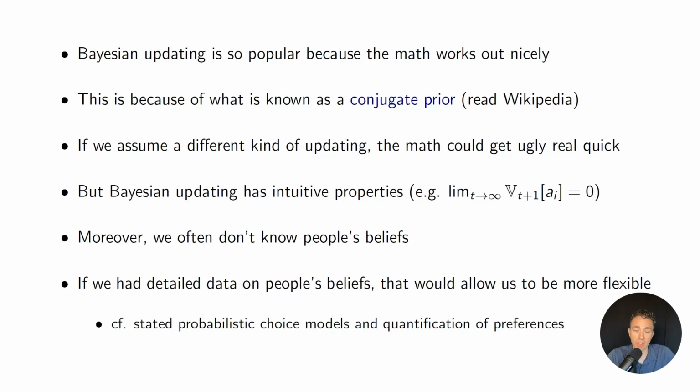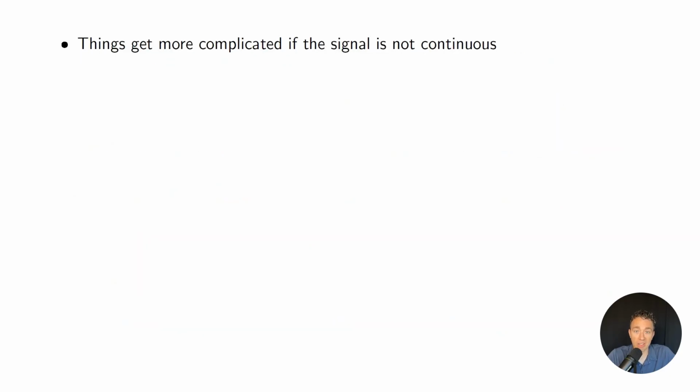So a lot of the structure that we're imposing on the problem is because of a lack of data. And hopefully by now you've appreciated that with identification comes assumptions, and we can make richer models if we have richer data. So what happens if we depart from the continuous signal framework?